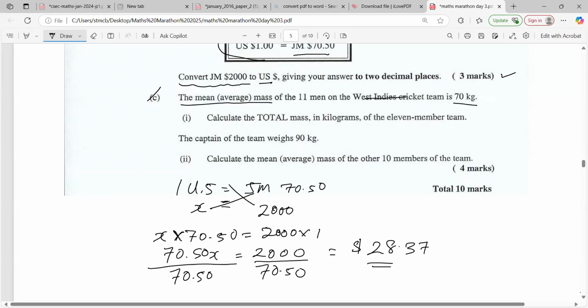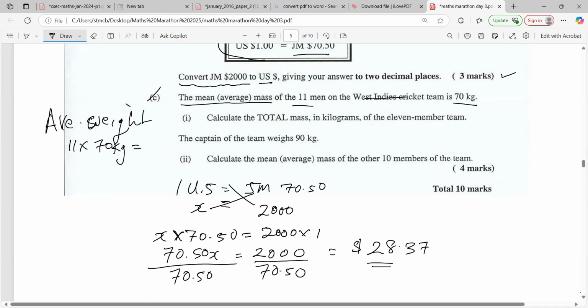So that means we can find what we call the aggregate, the total weight, just by multiplying 11 times the 70. Because they divide a number by 11 and give you 70, so we can just do the inverse, right?